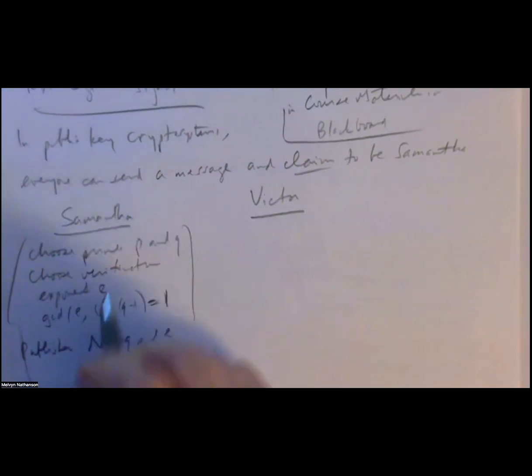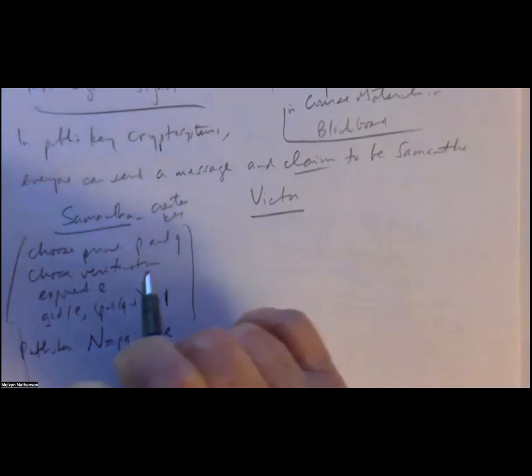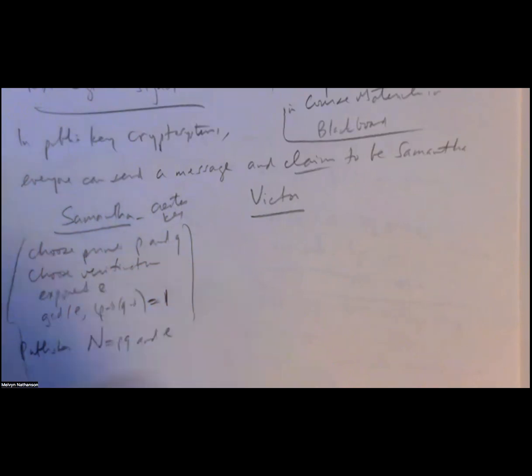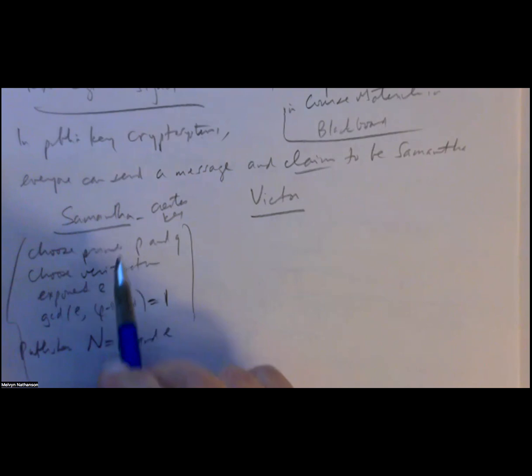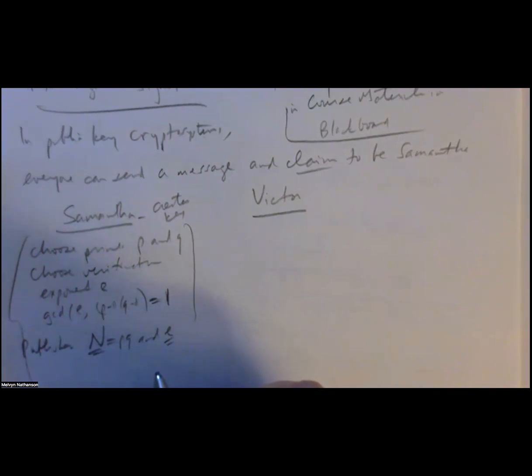This is how you create the key for the signature system. So Samantha publishes the numbers N and E.